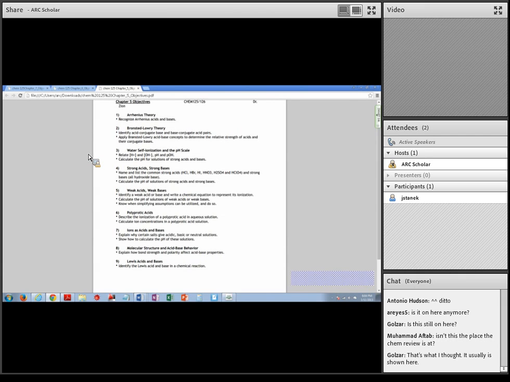Those materials should be on Sapling, and one of your classmates gave me these, so you should have access to them. I'm going to start with the different types of acids and bases, and we can go from there.